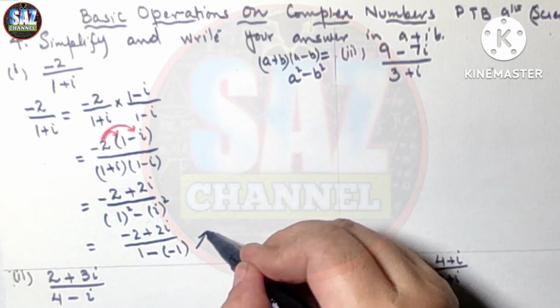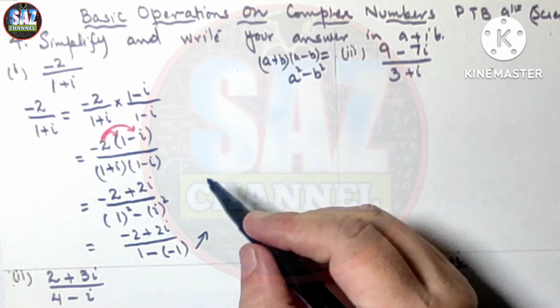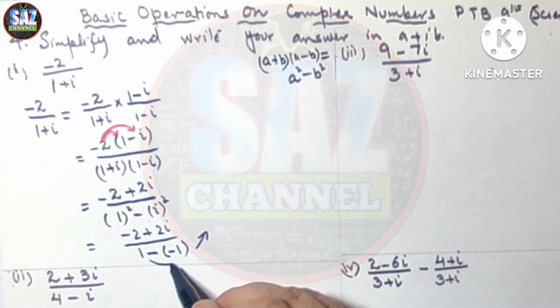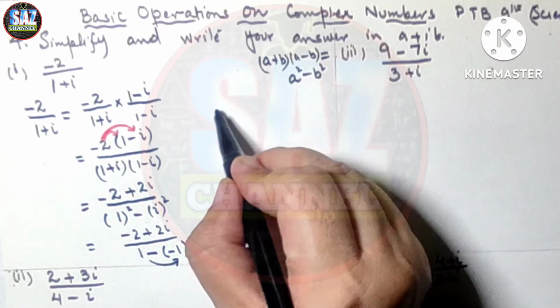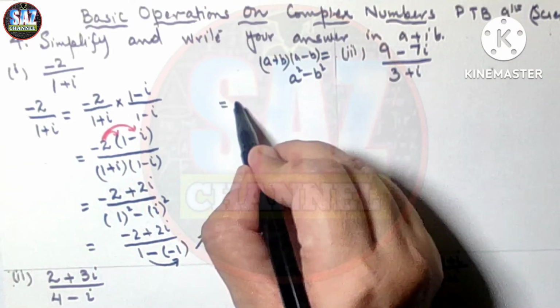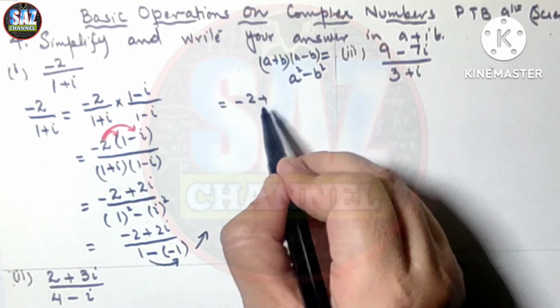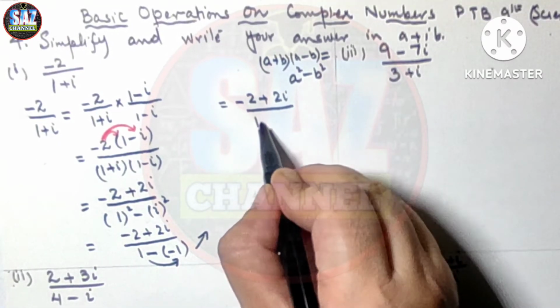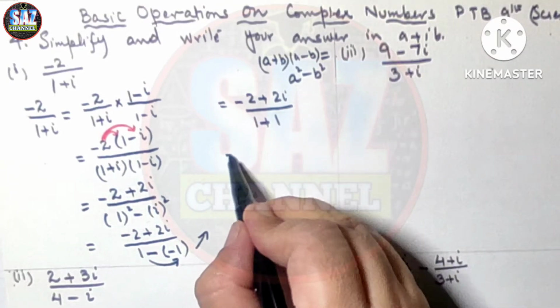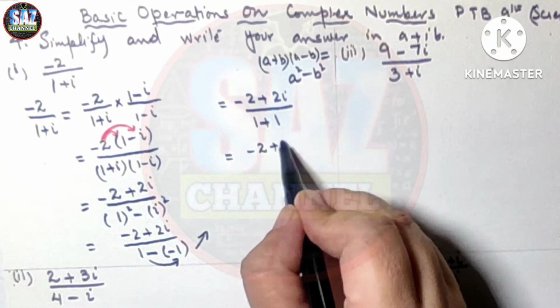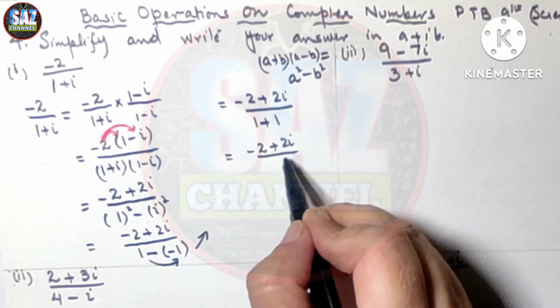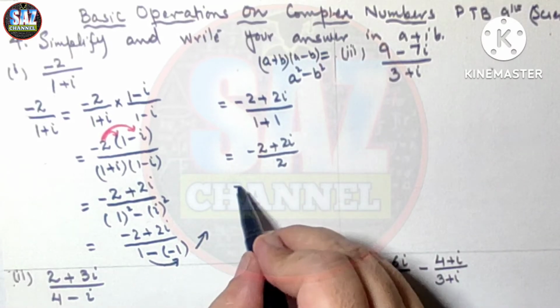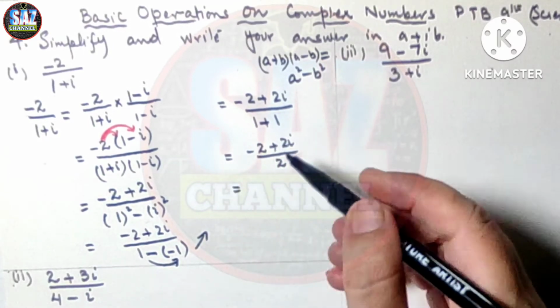Now minus multiplied by minus will become positive, and it will take the form minus 2 plus 2 iota over 1 plus 1, which is over 2. We have to give our answer in the most simplified form.